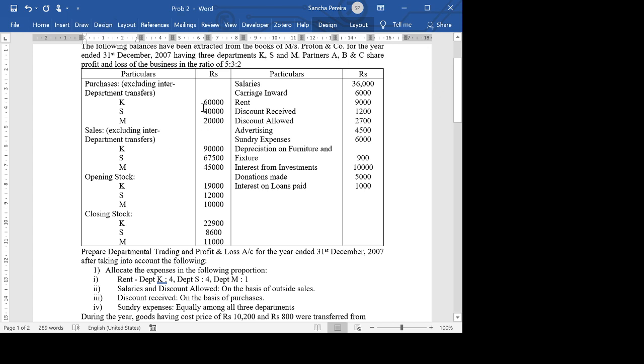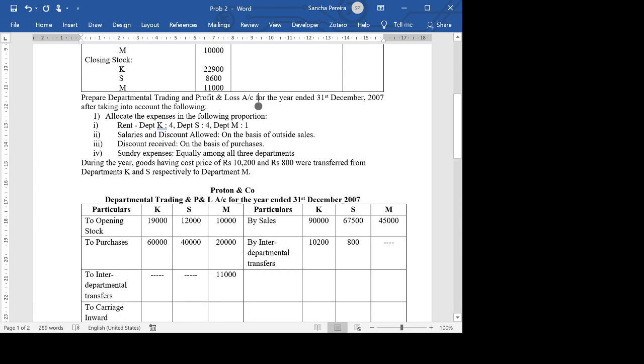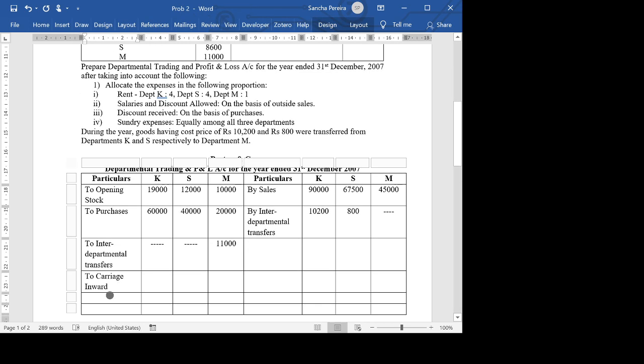The ratio is 60,000 is to 40,000 is to 20,000. I think you can easily get this ratio. It will be 6 is to 4 is to 2, and you can divide it further. It's 3 is to 2 is to 1. 2 ones are 2, 2 twos are 4, 2 threes are 6. I hope everyone knows how to get these ratios. So the ratio in which we are going to divide carriage inward is 3 is to 2 is to 1.